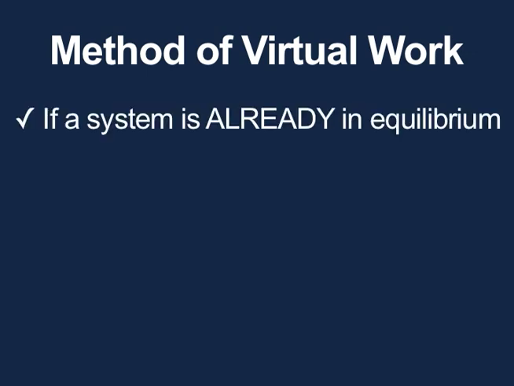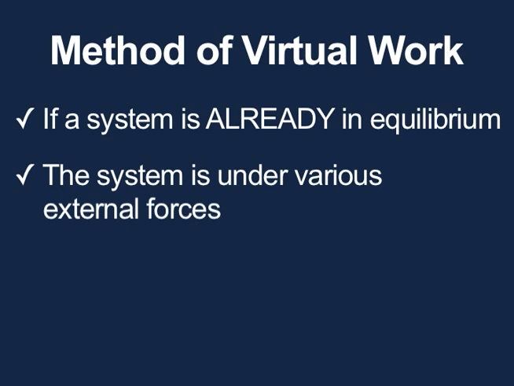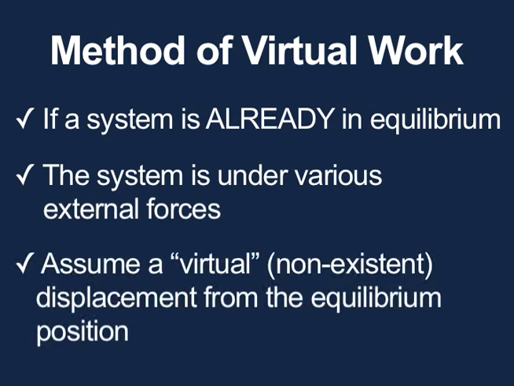The method of virtual work states that if a system of interconnected bodies is already in equilibrium under various external forces, then we can assume a virtual or non-existent displacement from the equilibrium position by one of these external forces. When a force produces displacement, work is said to occur.